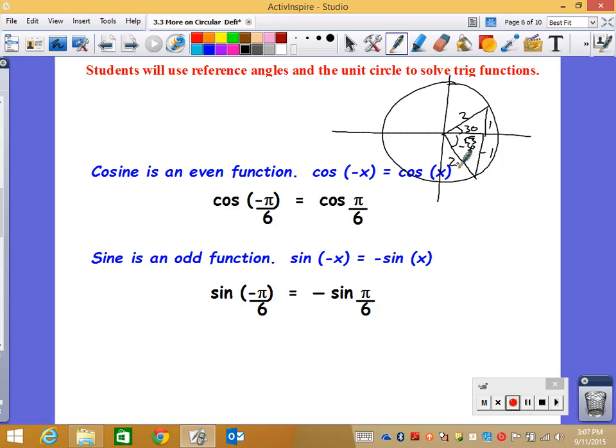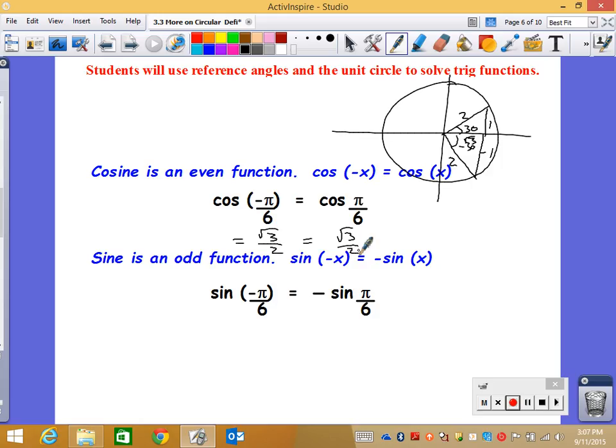So if I look at the cosine of these angles, the cosine of negative pi over 6, or negative 30, is going to be adjacent over hypotenuse, or square root 3 over 2. If I look at the cosine of pi over 6, so positive 30, same thing. I have square root 3 over 2.